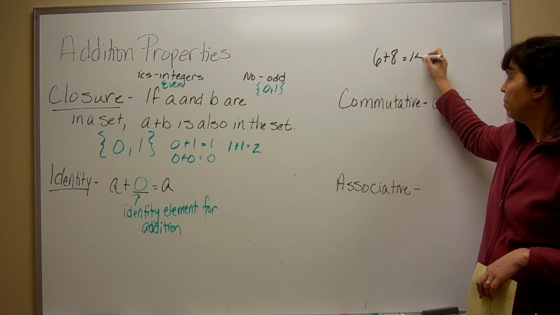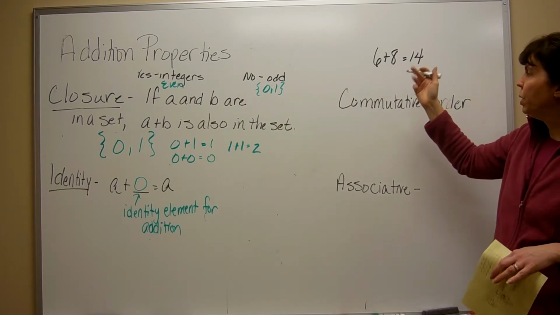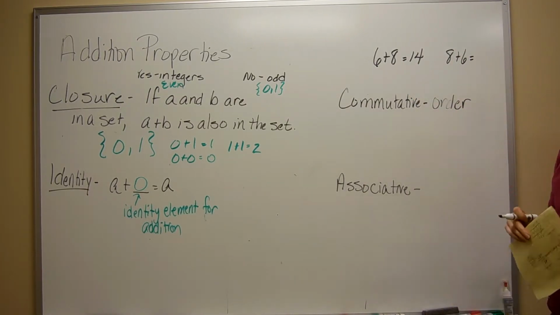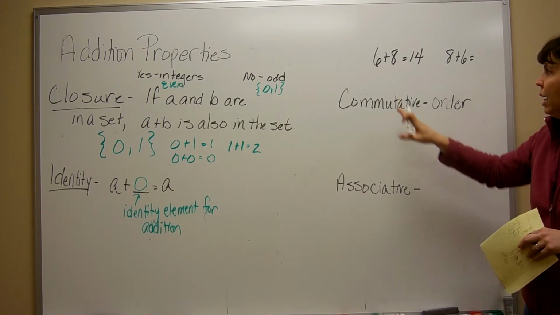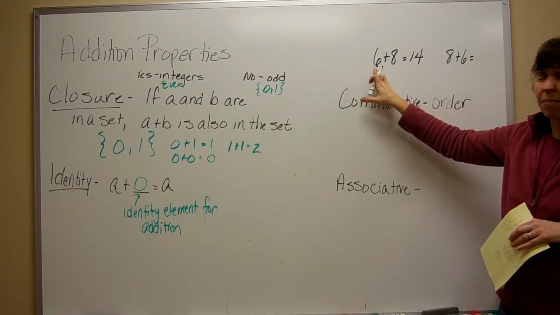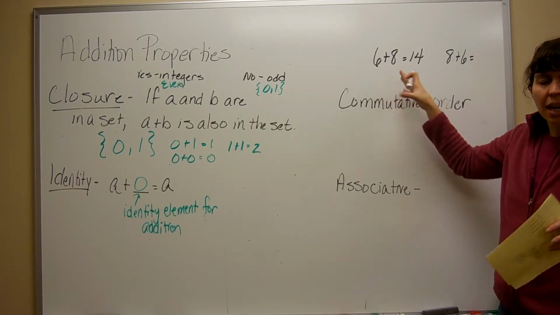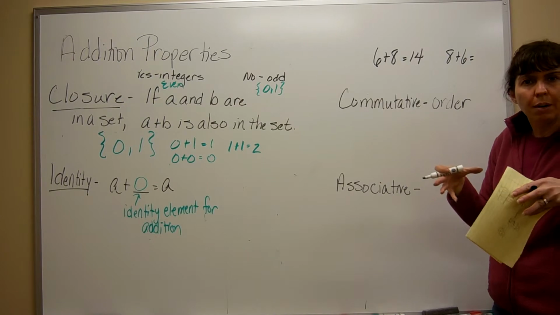my answer is 14. And if I were to switch the order and go 8 plus 6, well, remember, think about what addition is doing. It's taking a set that has 6 elements in it, and another set that has 8 elements, and it's bringing them together and making one big group.